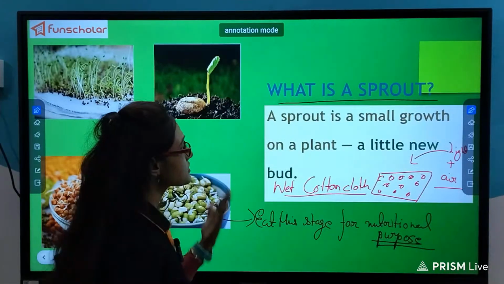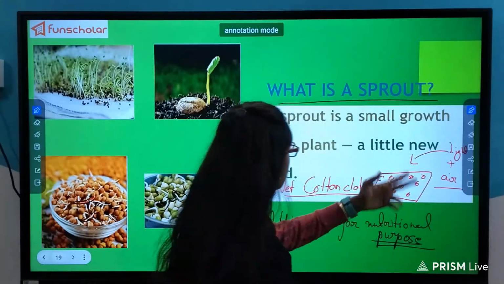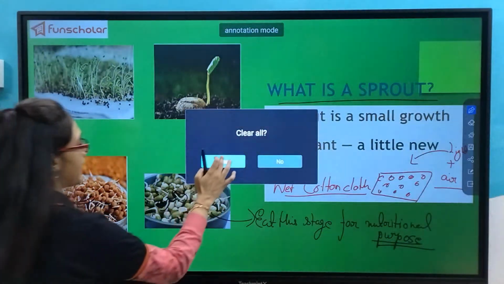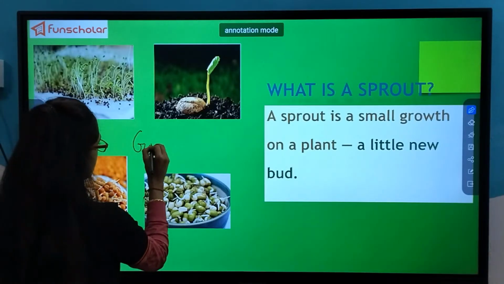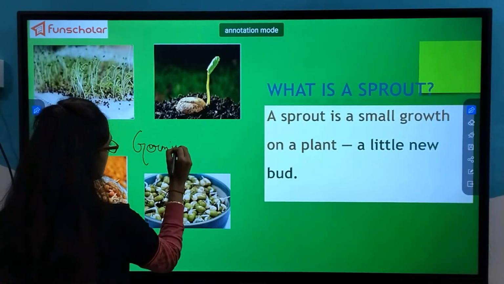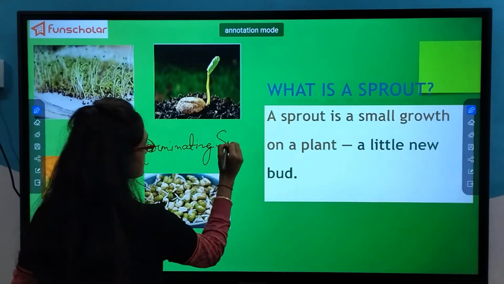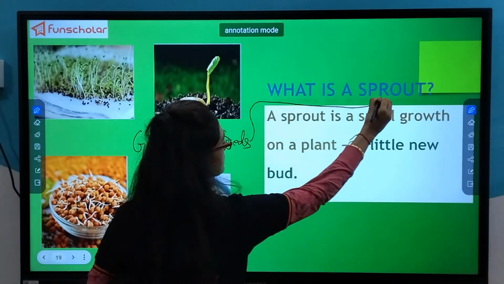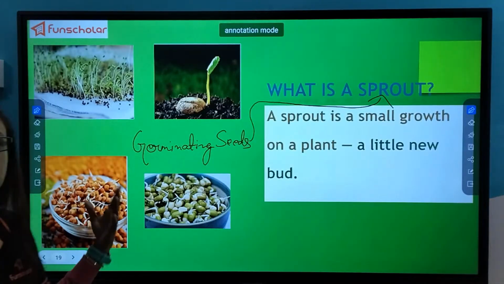A sprout is a small growth of plant or a little new bud. Or you can simply write that germinating seeds are nothing but sprout.